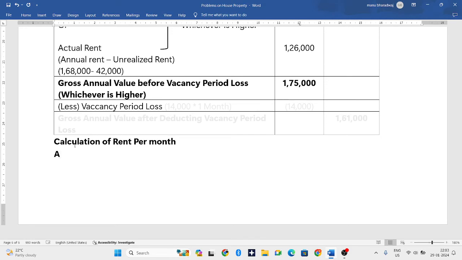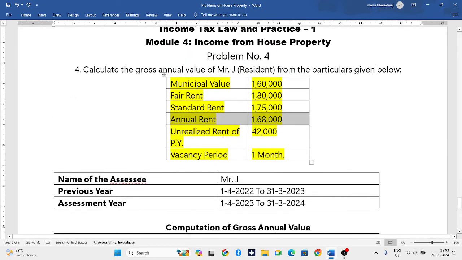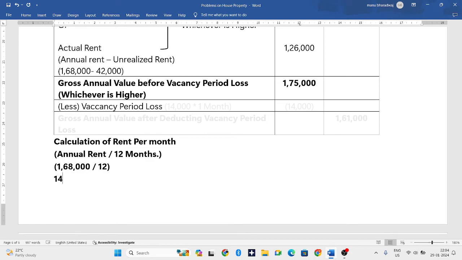The formula is annual rent divided by 12 months. The annual rent given in the question is 1,68,000. So 1,68,000 divided by 12. It will be 14,000. So 14,000 is the rent per month.